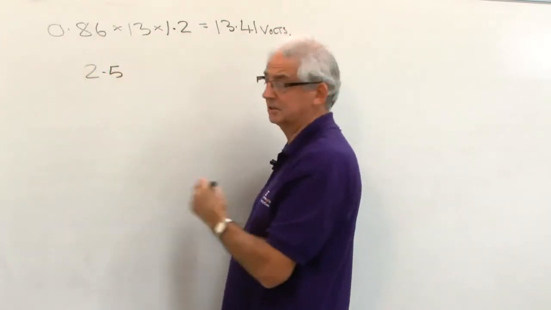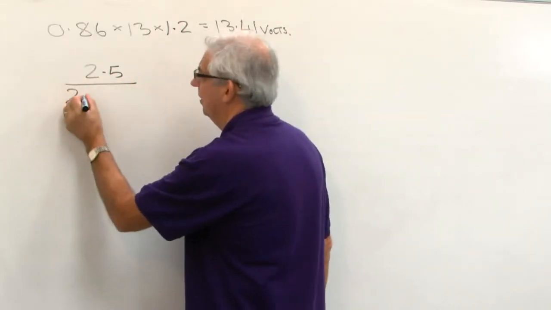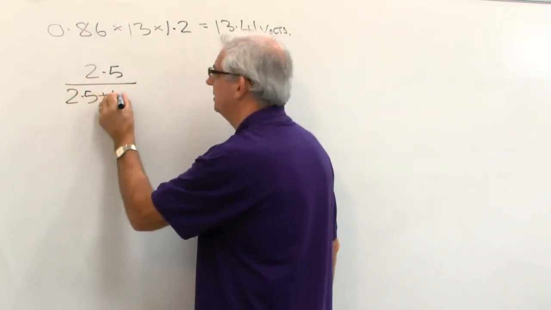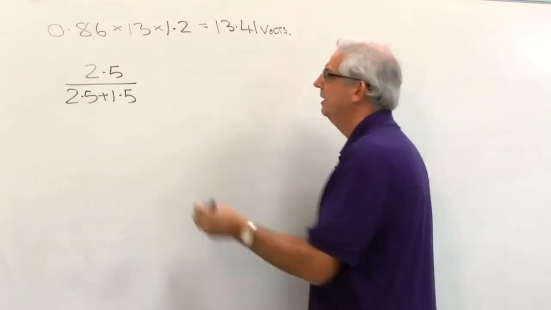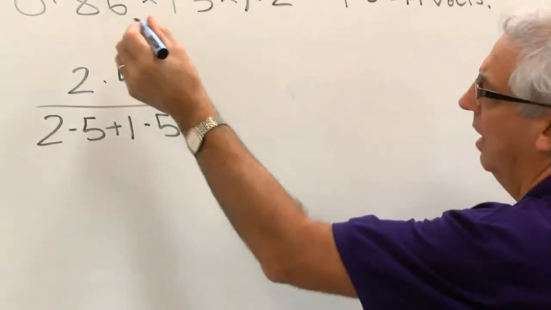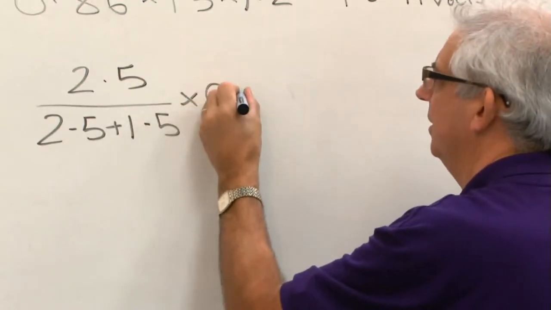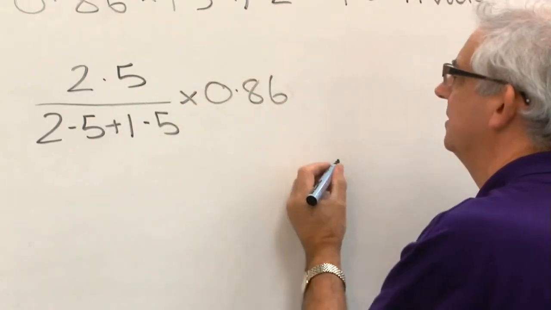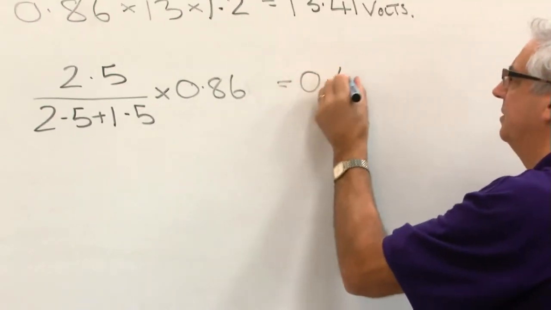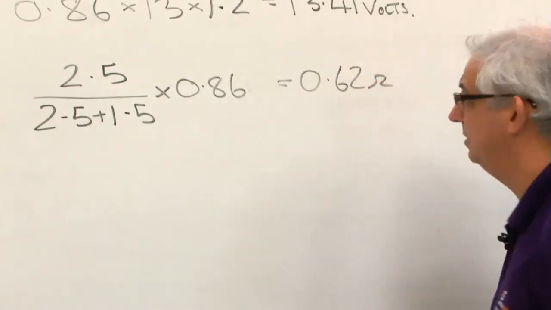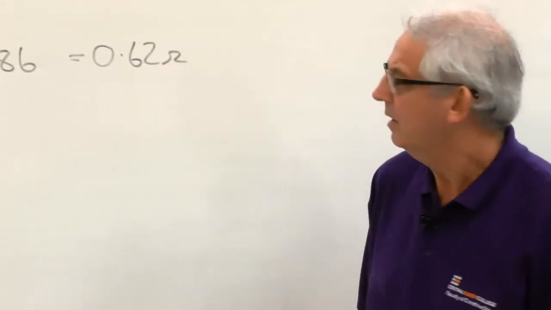The line conductor size divided by the line conductor size plus the CPC size, times our R1 and R2 value, which is 0.86. The answer to that is 0.62, which is in ohms, of course.